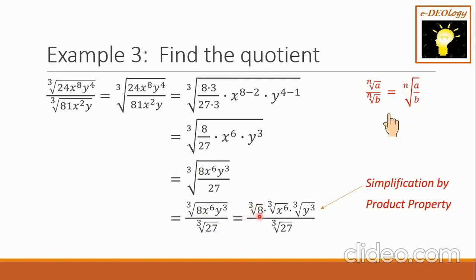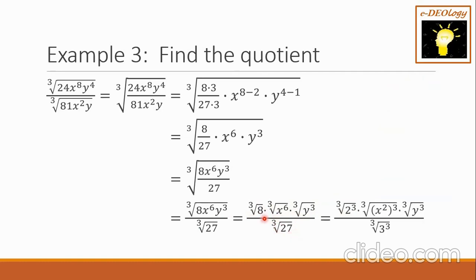So we have the cube root of 8 times the cube root of x raised to 6 times the cube root of y cubed. Then in the denominator, still our cube root of 27 is there. We're going to show this 8 to be 2 cubed. For the x raised to 6, we're going to show that to be a power of 3, and then the x squared will be inside this grouping symbol.